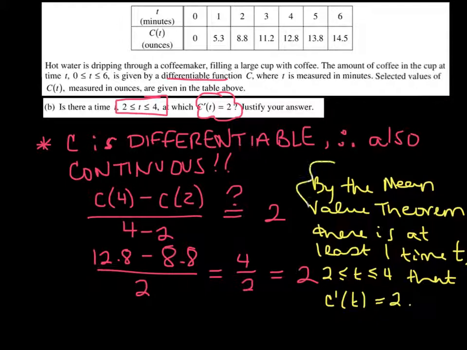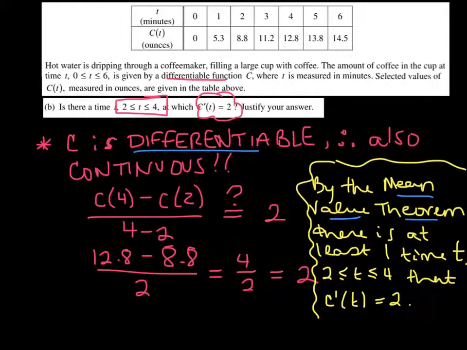Okay, and that is your answer, your conclusion, and you have to use those words, by the mean value theorem, which we justified the use of when we began this problem by saying that the function was differentiable and continuous. Then we can go ahead and make that conclusion. All right, good job. Let's move on to letter C.